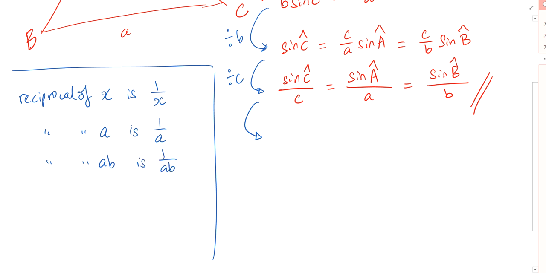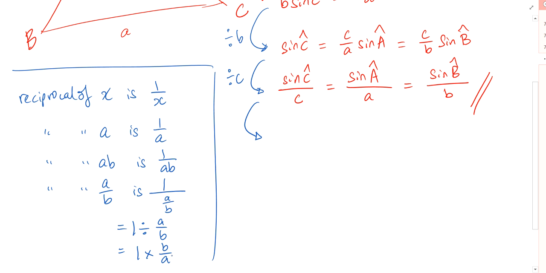Basically, it's just 1 over, okay? So last one, reciprocal of A over B is B over A. How do you know it's B over A? 1 divided by A over B is the same as 1 times B over A. So we just flip. We literally flip.